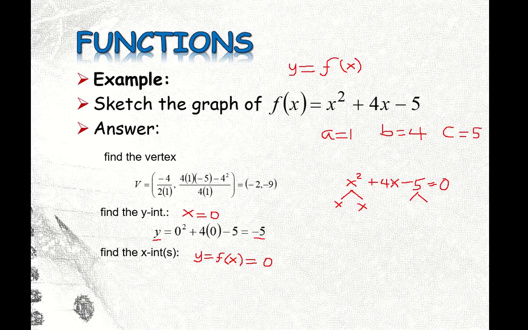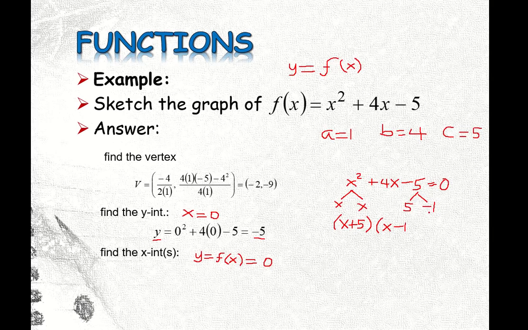Since your middle term is positive 4x, you use positive 5 and negative 1. So therefore, one of the factors is x plus 5, and the other factor is x minus 1.